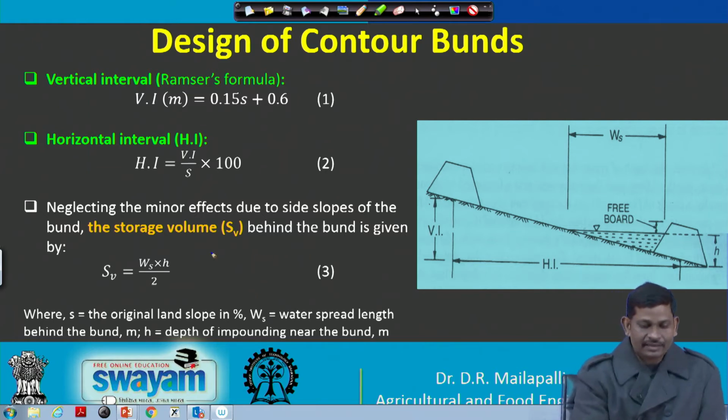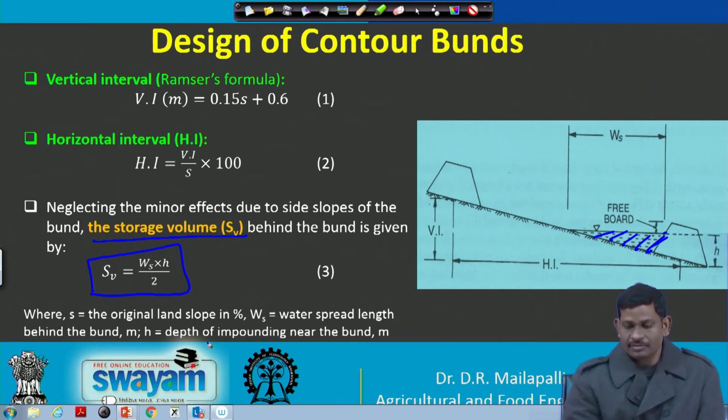If you neglect that, the storage volume SV behind the bund can be estimated using SV is equal to WS into H by 2. So this is kind of a triangle.